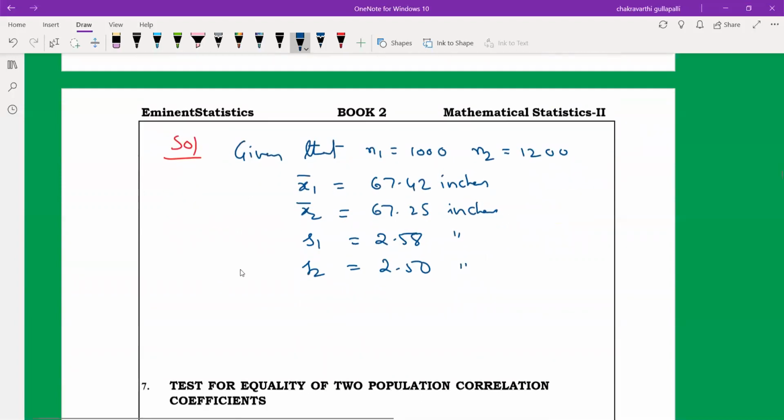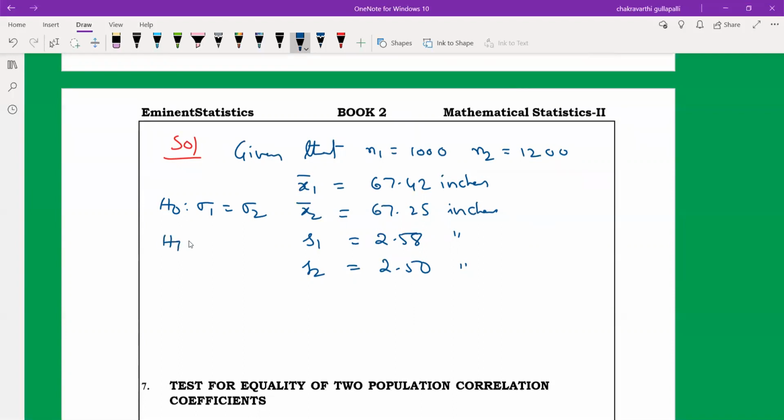Here sigma 1 and sigma 2 are both unknown. In this case, instead of sigma 1 and sigma 2, we have to use S1 and S2. Now H0: sigma 1 is equal to sigma 2, the two population standard deviations are equal, so there is no significant difference between the two sample standard deviations.